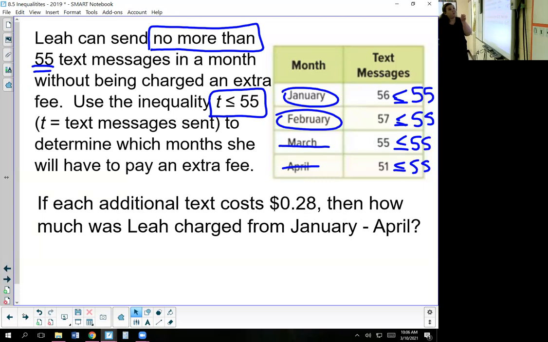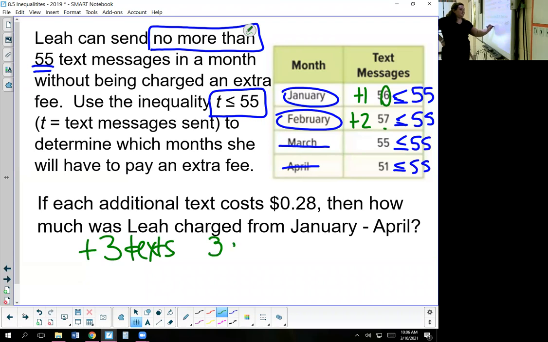So this is now applying it to the real world. If each additional text, every text, is 28 cents, then how much was Leah charged from January through April? You just have to ask yourself, how many did she go over? She only went over one text message here, and only 2 text messages here. So she went over 3 texts.